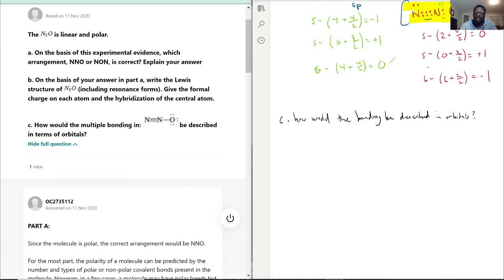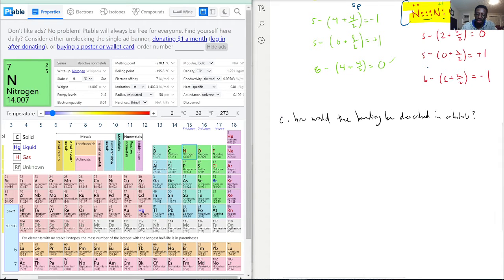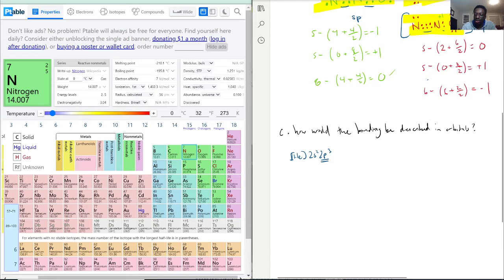Because nitrogen has, the way you write it in the orbital notation, because nitrogen is right here, it would be helium, starting with the noble gas, 2s2 2p3, and then the nitrogen in the center, same thing, 2s2 2p3.